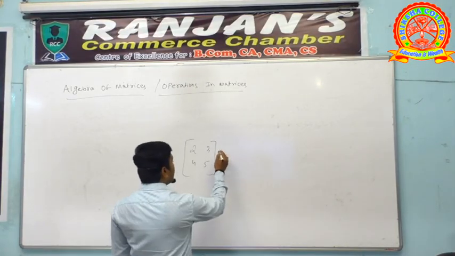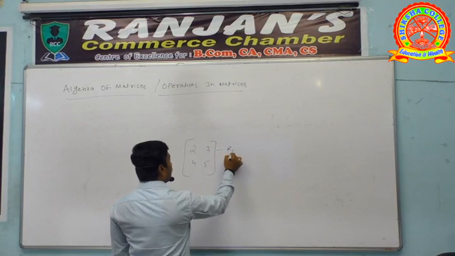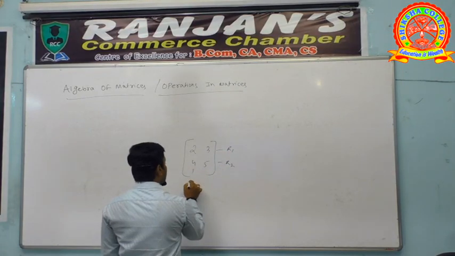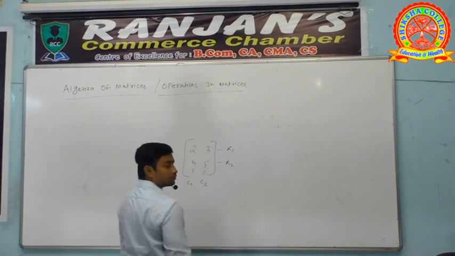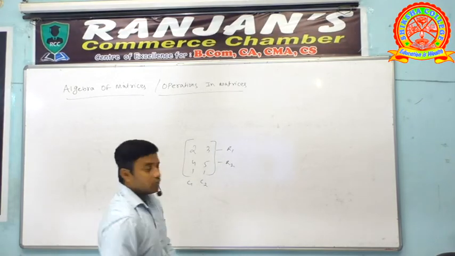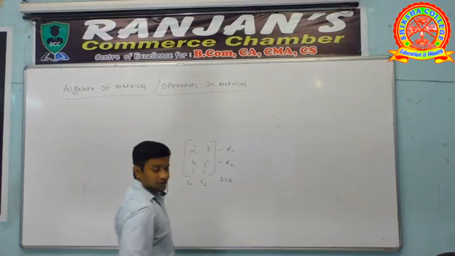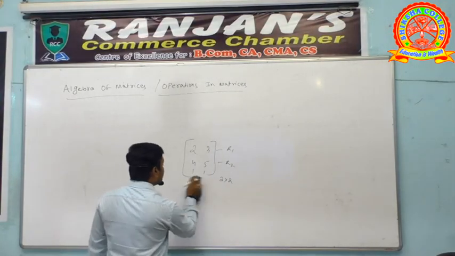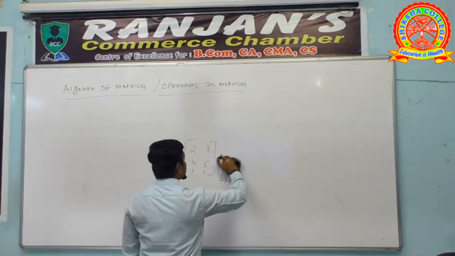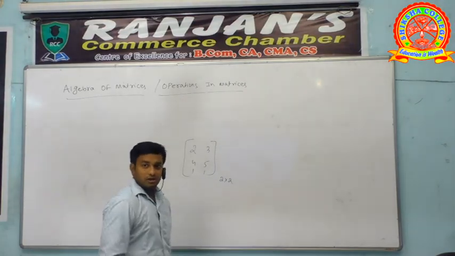So students, how many rows are there? Row 1, row 2, and column 1 and column 2. So here we have 2 rows and 2 columns. So this is a matrix of 2 into 2 order.